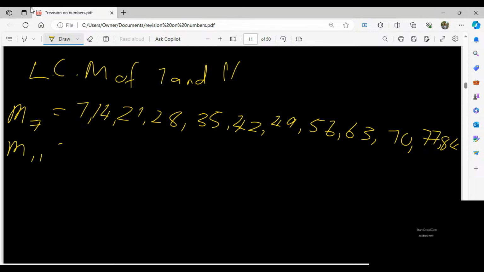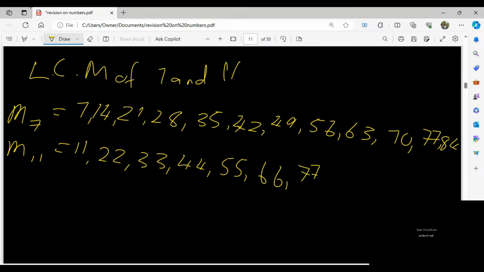Multiples of 11 equals 11, 22, 33, 44, 55, 66, 77. They're very easy before 100. 88, 99. So already you can see that we have this number here and this number here.